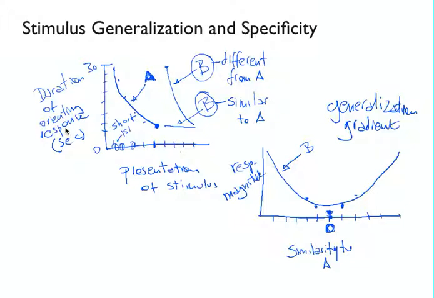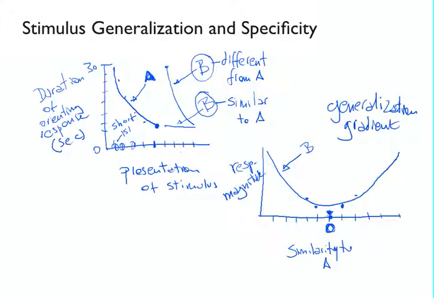Responses to similar stimuli will also be somewhat habituated, but other stimuli that may also elicit an orienting response or a startle response, if they are different enough from the training stimulus, from stimulus A, the response to them may not have been habituated.